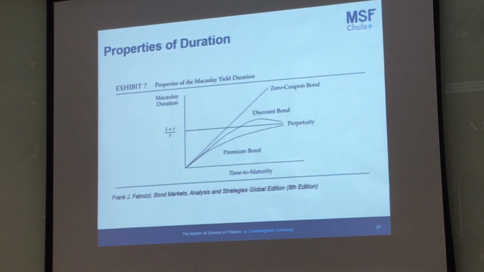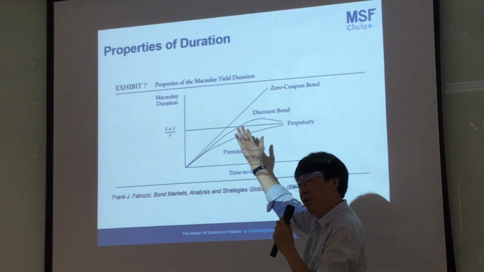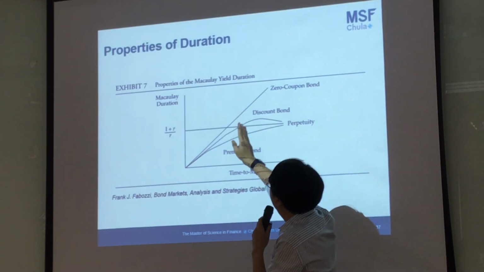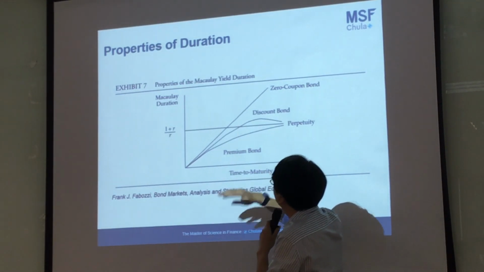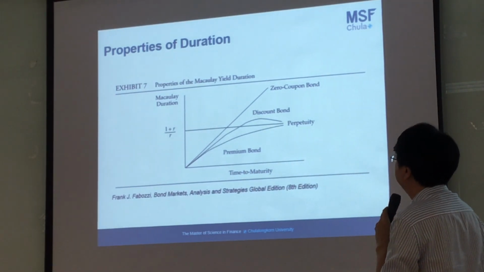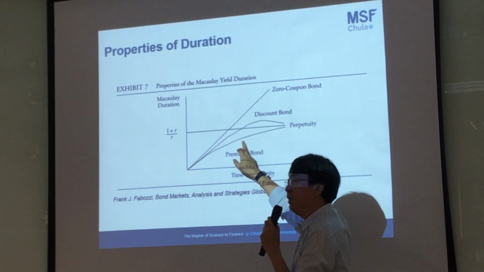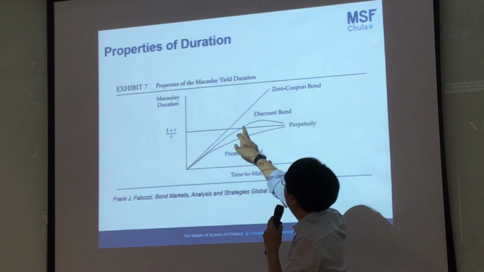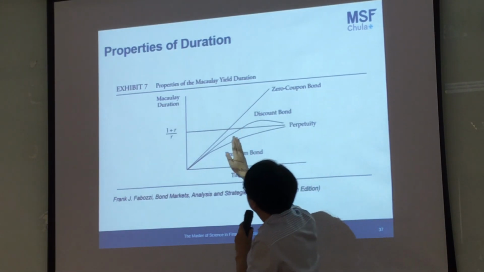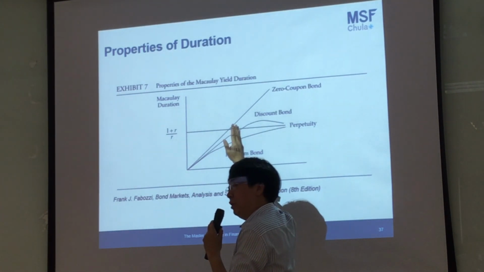Of course, for the discount bond, as we have mentioned, a low coupon bond has higher duration. So you can see that given the same time to maturity, a bond that pays a higher coupon has lower duration. A premium bond is a bond that pays a higher coupon rate than the yield, and a discount bond is a bond that pays a coupon rate less than the yield to maturity. Same time to maturity, the discount bond has higher Macaulay duration.